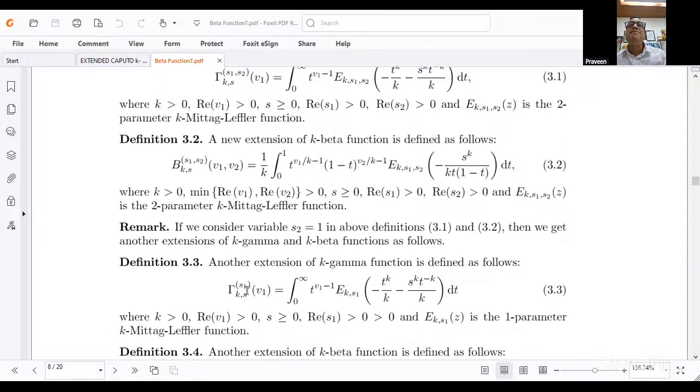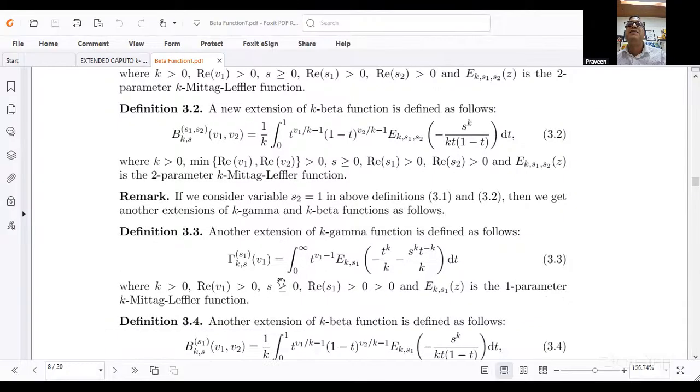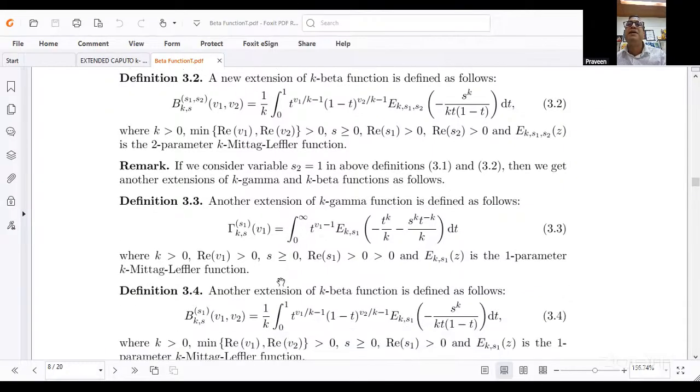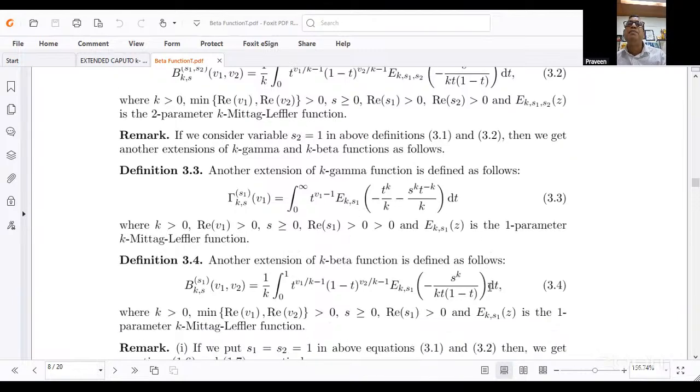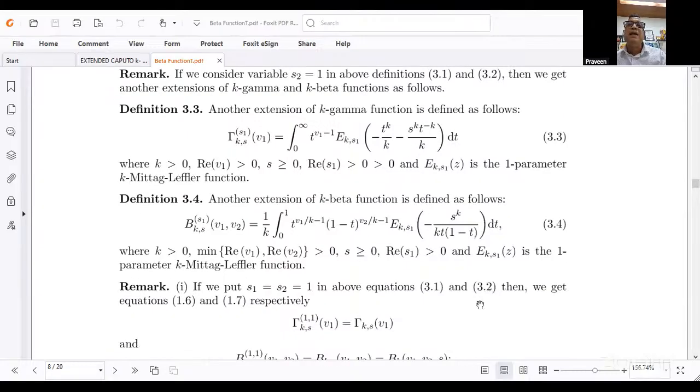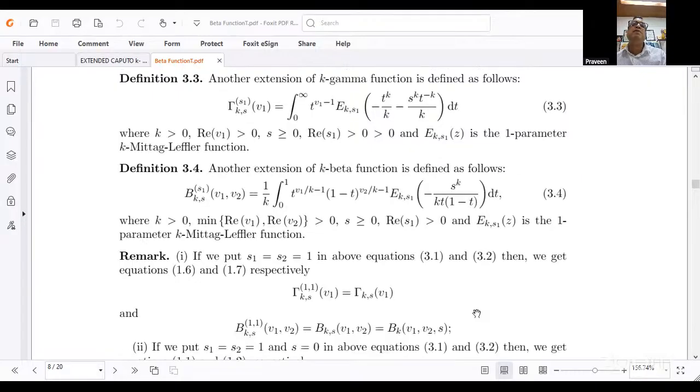If we consider the variable s2 equal to 1 in the above definitions 3.1 and 3.2, then we get another extension of the k gamma and k beta function, given by equation numbers 3.3 and 3.4. In 3.1 and 3.2, if we put s1, s2 equal to 1, we get equations 1.6 and 1.7 respectively.